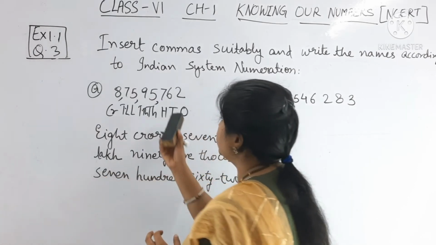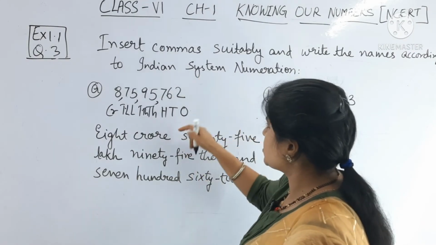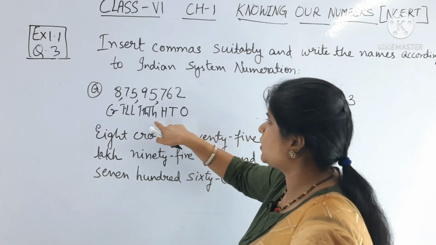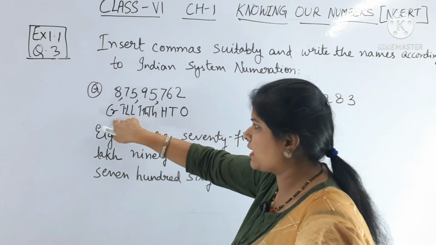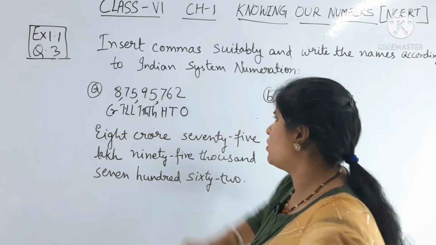Like this you can easily insert commas. Okay, because this is the Indian system, so we are writing ones, tens, hundreds, thousand, 10,000, lakh, 10 lakh and crore. And like this you have to write the number name of the A part.